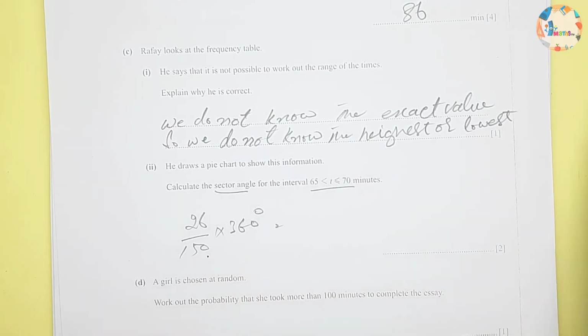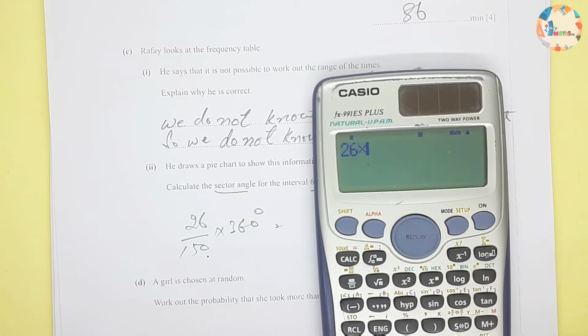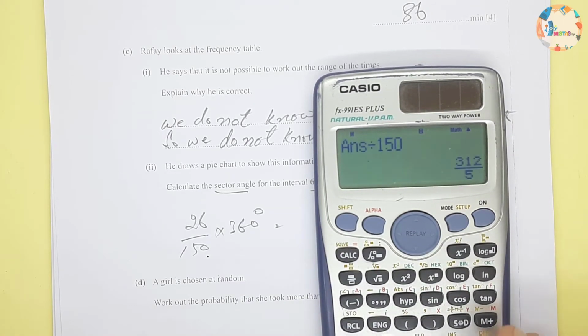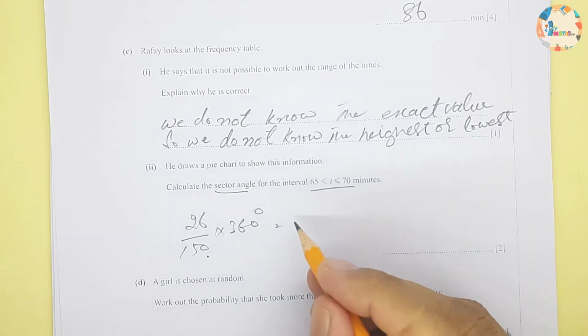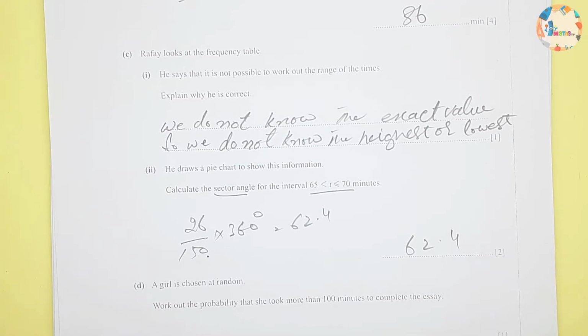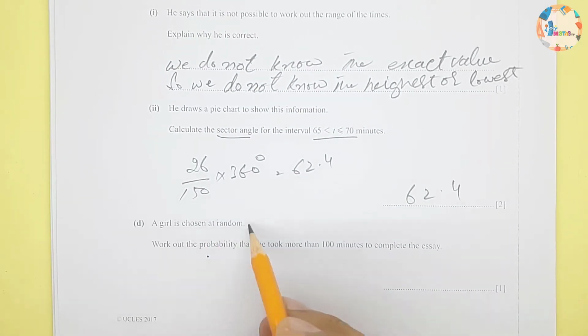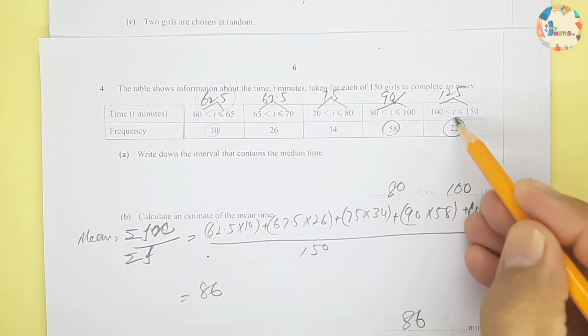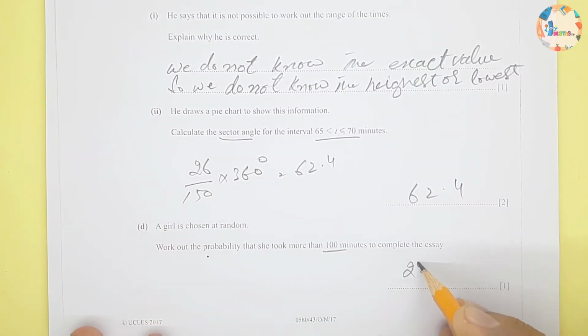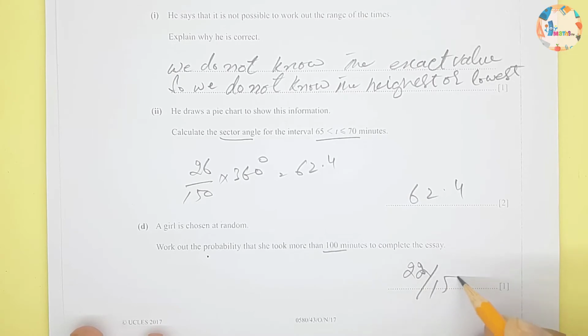This will give us 26 multiplied by 360 divided by 150, which is 62.4. So 62.4 will be our answer. D part, a girl is chosen at random. Work out the probability that she took more than 100 minutes. If we check, more than 100 is this 22 out of 150, so its probability will be 22 out of 150. This will be our answer for this.